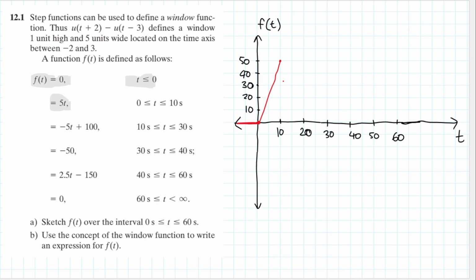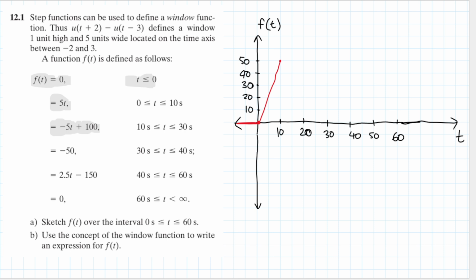And then what can we do next? So for 10 until 30, we have minus 5t plus 100. When we plug t equal to 10, we have minus 50 plus 100, that is 50. And when we plug 30, we get minus 150 plus 100, that is minus 50.